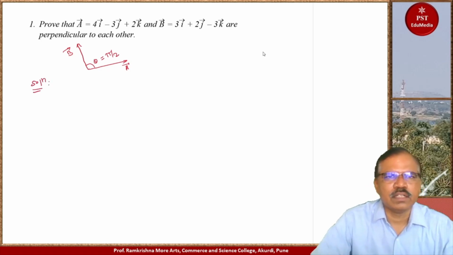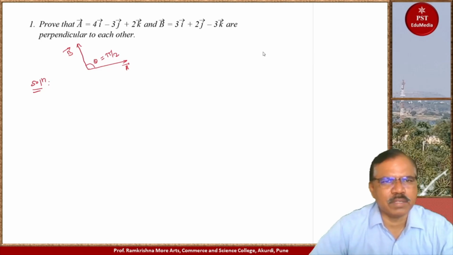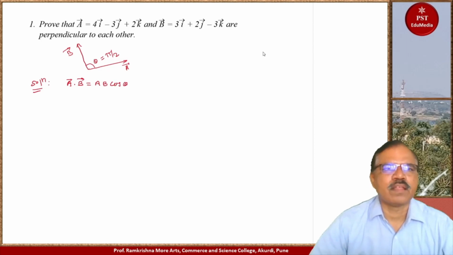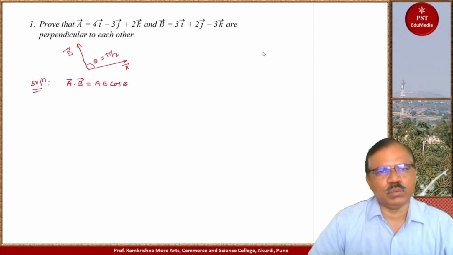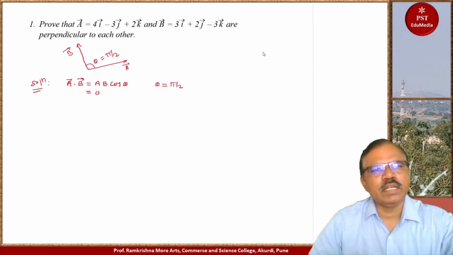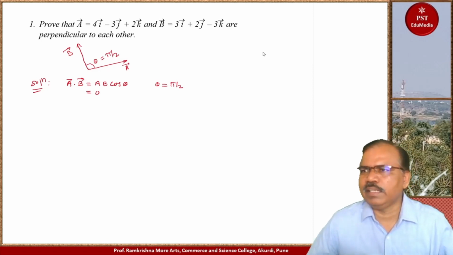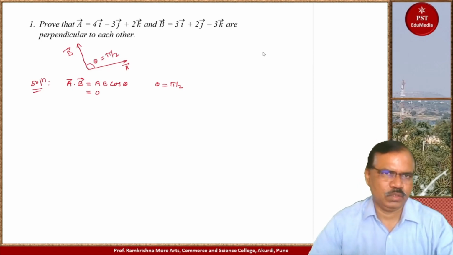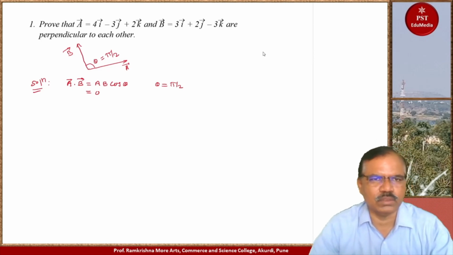So here if two vectors are perpendicular, we know A dot B is equal to AB cos theta, and when theta is pi by 2, this is equal to 0. So here we have to show that the dot product of two vectors is equal to 0.